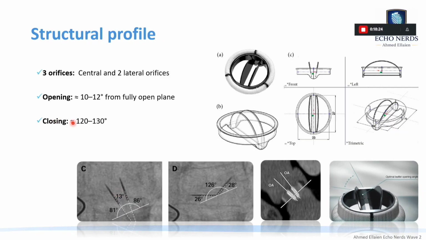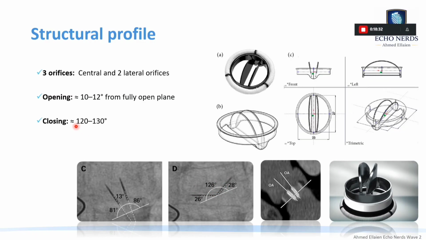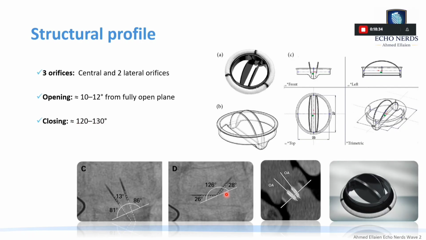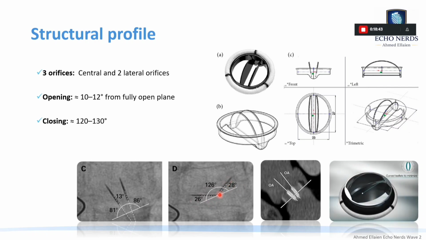While during closing of the valve, the leaflets make a wide angle of nearly 120 to 130 degrees between both leaflets. So normally they don't reach the horizontal plane. Take care that they normally just stop like this.